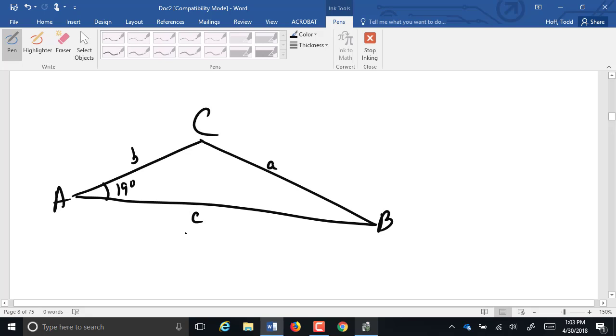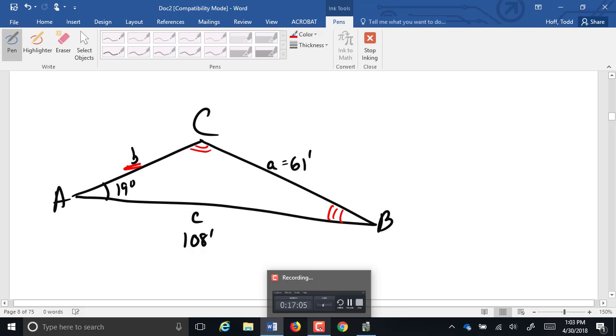I'm going to give you the angle A is 19 degrees. Side C is 108 feet. Side A is 61 feet. Find angle C, angle B, and side B for me.